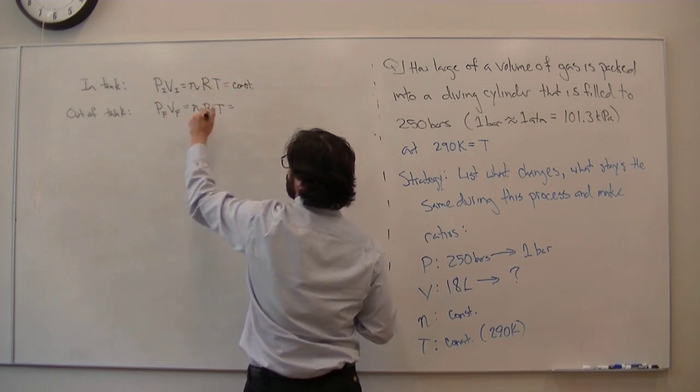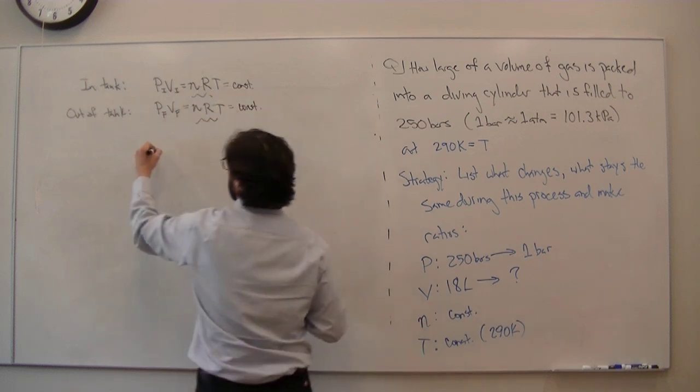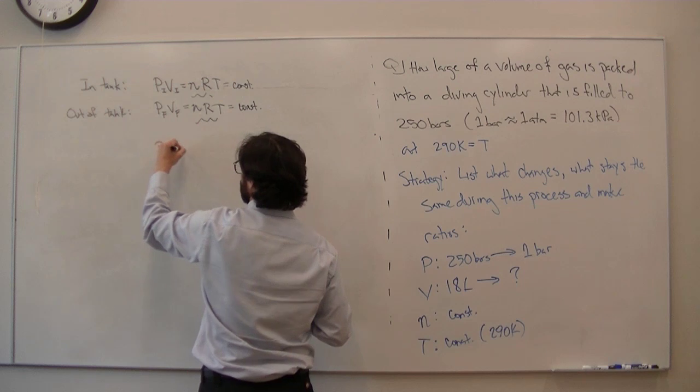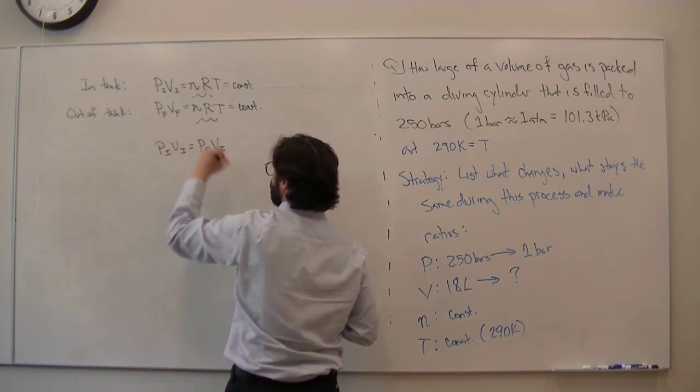And in fact, because they're the same constant, I can equate them. So honestly, this problem is just kind of like sneaking Boyle's law in the back door, but that's fine.